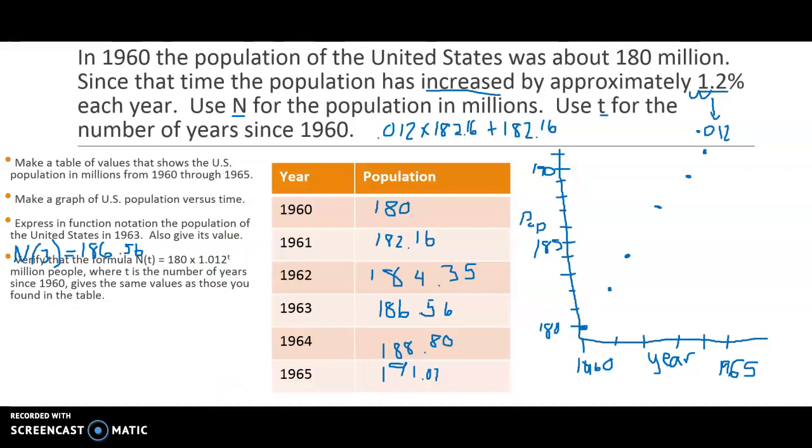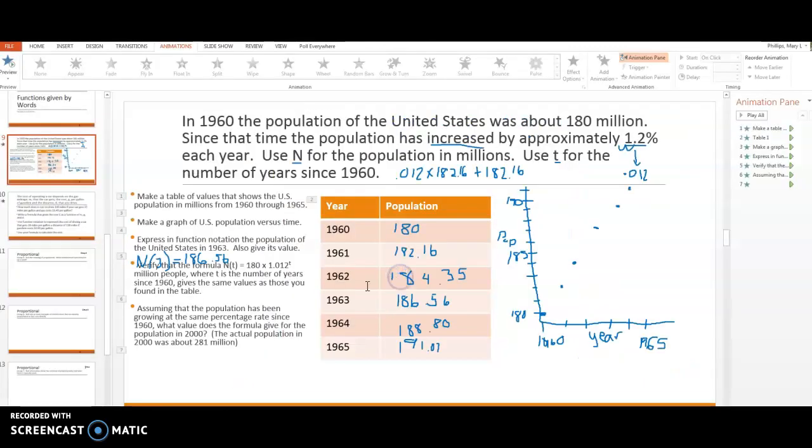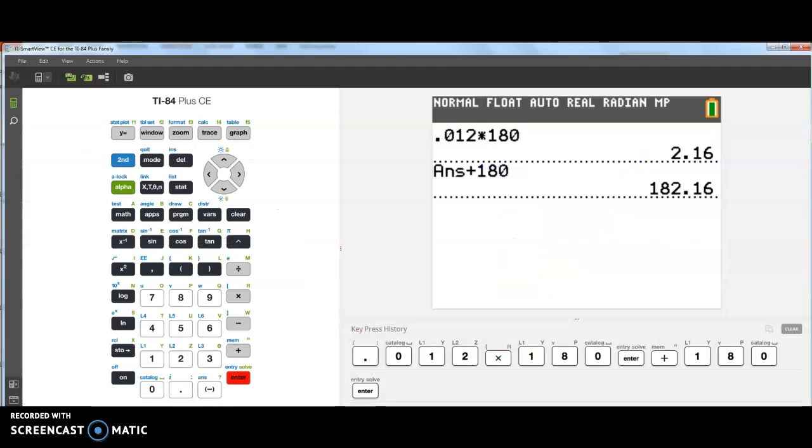So give me a moment to get there. On my calculator, I could type the formula here, and I would have to type it every single time. So my calculator has a feature where I can look at a whole list of values at one time, and it's this y equals feature.